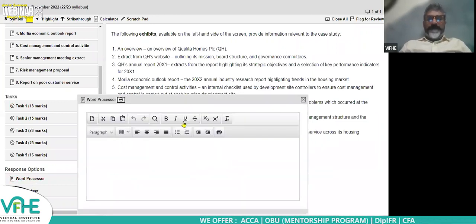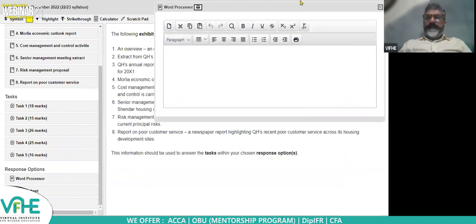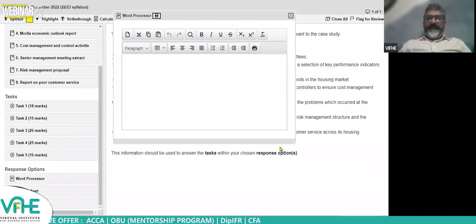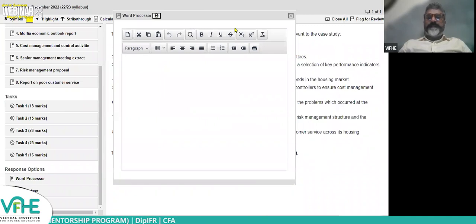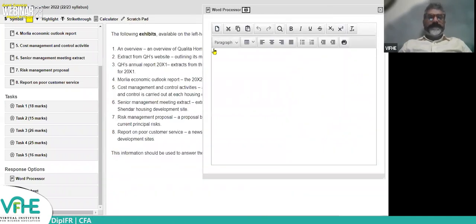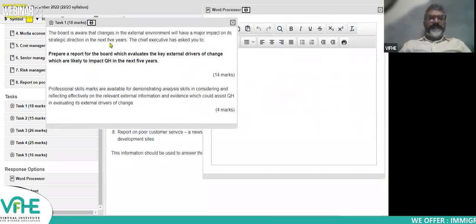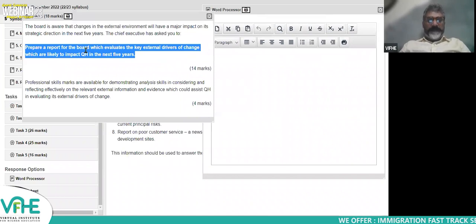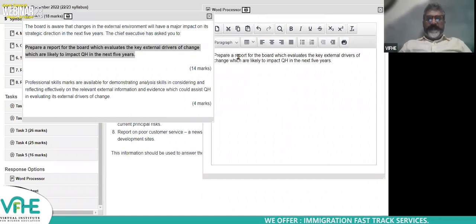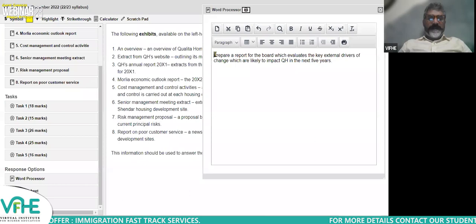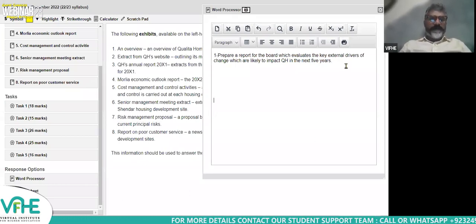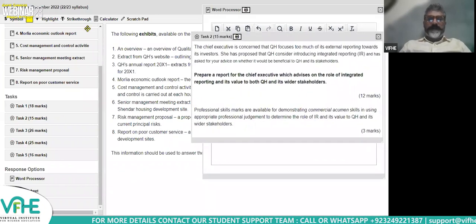I will open up my word processor. Okay, there's a technique. I will reduce the screen size and take it to one corner. And then here, I will open the tasks. This is task number 1. I will copy this and paste it here. Done. Just the bold technical requirement. Then after a few lines, I will go to task number 2.